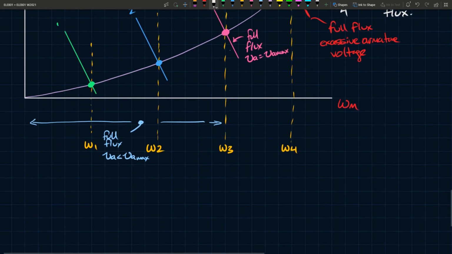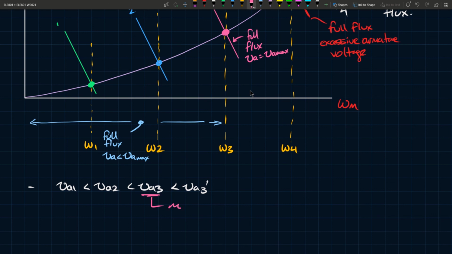So, what can we summarize in this situation? We can say that VA1 is less than VA2, which is less than VA3, which is less than VA3 prime. And we say that this is max VA, and this is violation of VA limit.